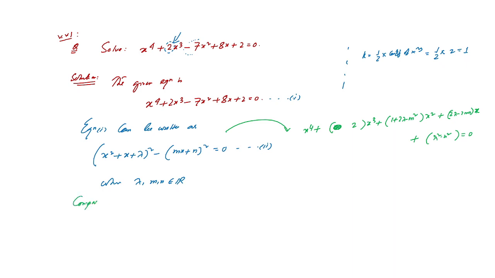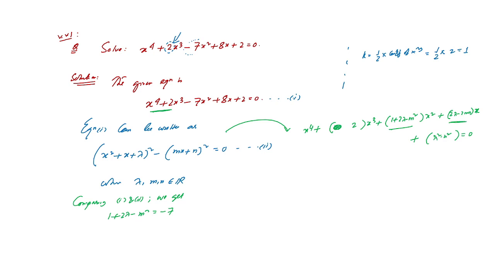So comparing 1 and 2, what do we get? We get the x to the power 4 coefficient 1 and the x cube coefficient 2, and that will be the same. This part remains the same. Starting from that, 1 plus 2 lambda minus m square will be minus 7, the coefficient of x square is minus 7.